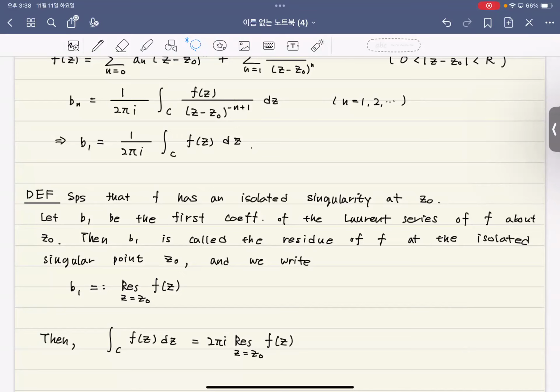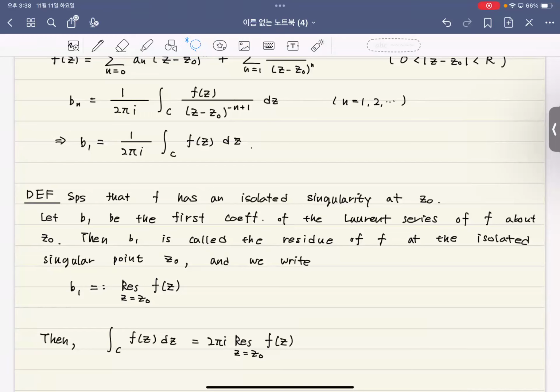Suppose that the Laurent expansion actually says that this is true for every annulus, so as long as f(z) is analytic in this annulus. In this case, the negative powers of the summation is called the principal part.